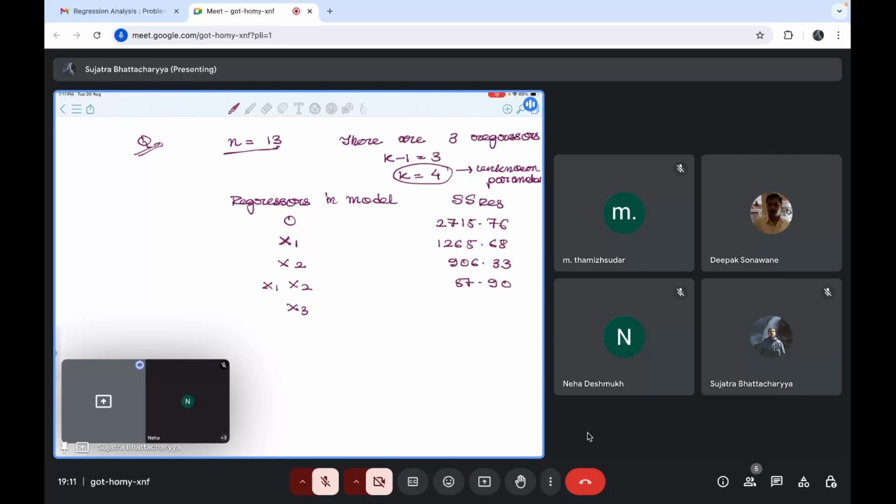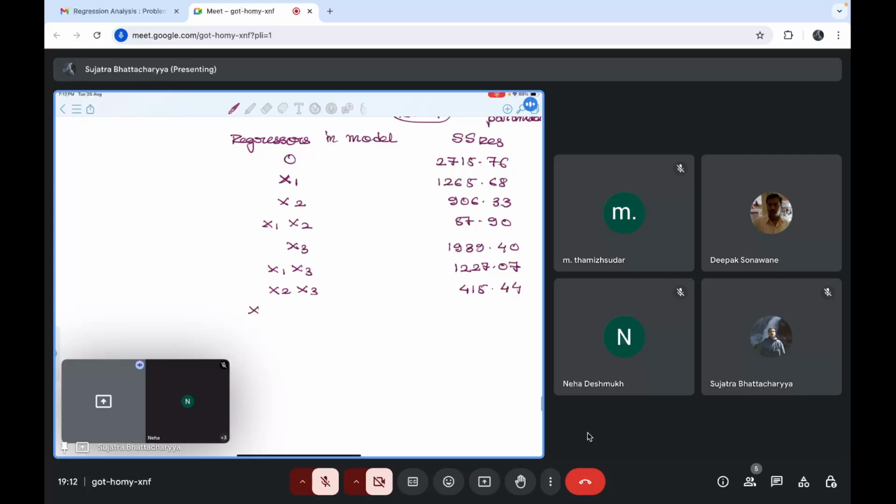If x3 only is present, then it is 1939.40. If x1, x3 are present, then it will be 1227.07. If x2, x3 are present, it is 450.44. And finally, when all three regressors are present, it is 48.11. So you can understand what is happening.